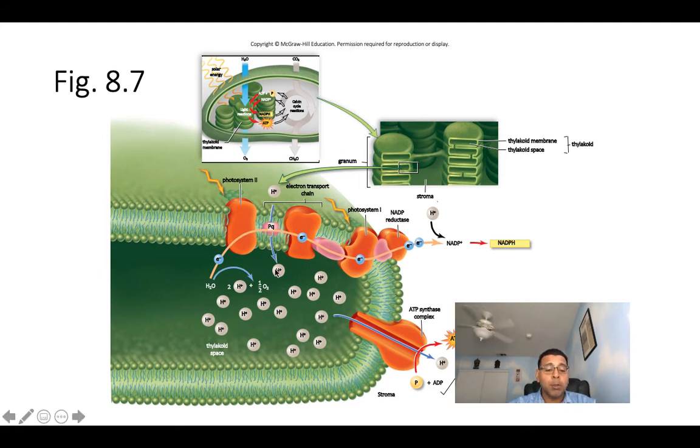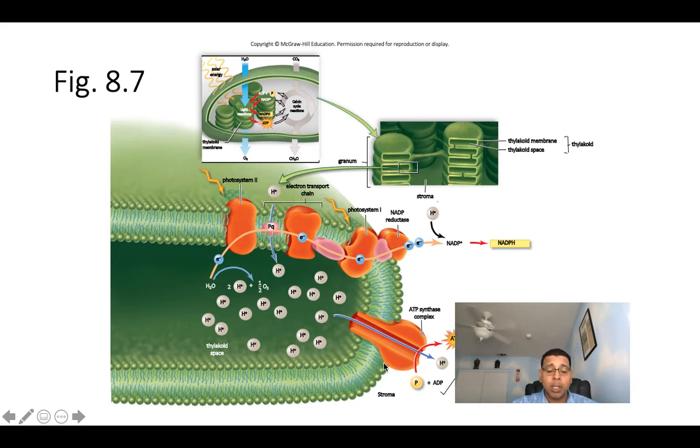The end result is that there are more hydrogen ions in the thylakoid space than in the stroma. Because hydrogen ions have a charge to them, this is an electrochemical gradient. Not only are there more hydrogen ions, but there are more positive charges within the thylakoid space than the stroma.